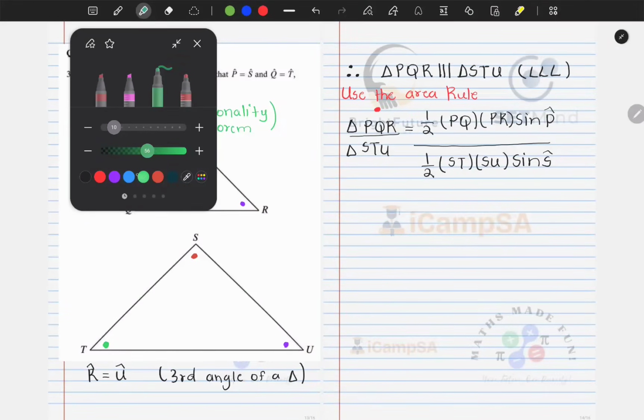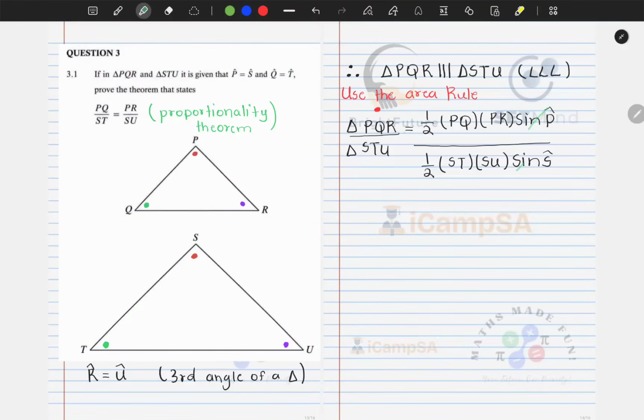So this and this, they are going to cancel. So meaning that we end up finding our answer as, let's put in an equal sign.